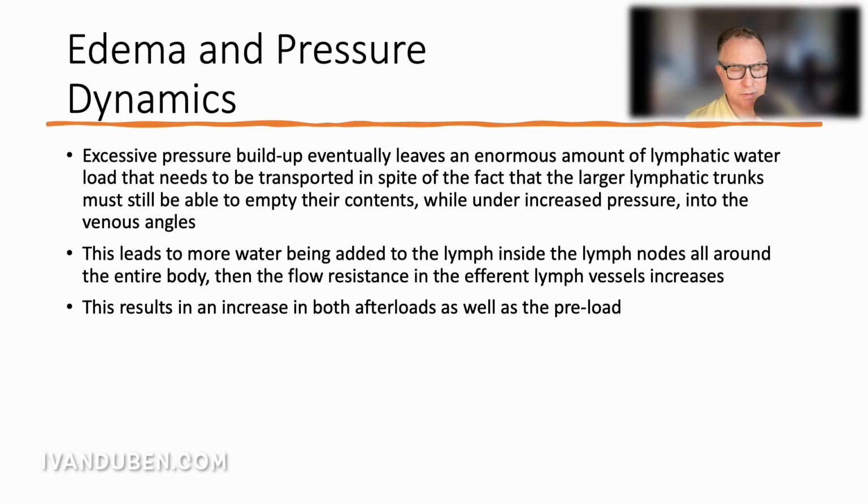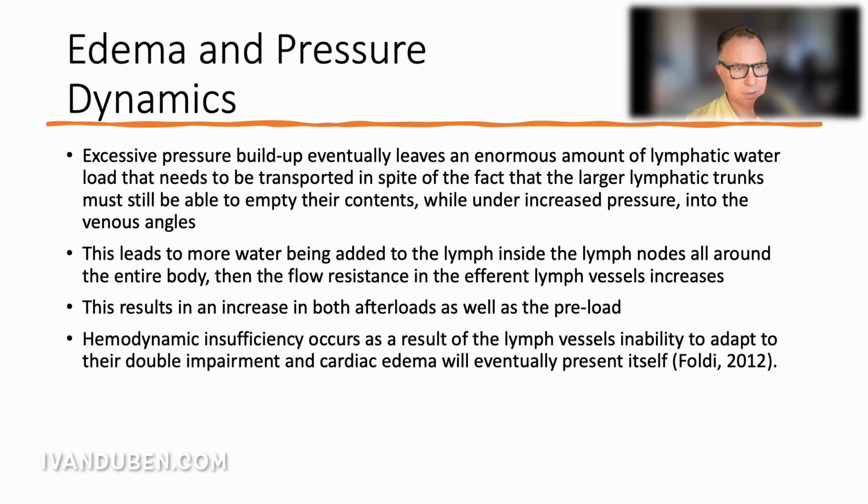Is it pre-absorption, or is it left over when it's not being effectively, properly physiologically mitigated by the various structures and tissues that are involved in absorbing and metabolizing the various different fluids? Hemodynamic insufficiency occurs as a result of the lymph vessels' inability to adapt to their double impairment, and cardiac edema will eventually present itself.